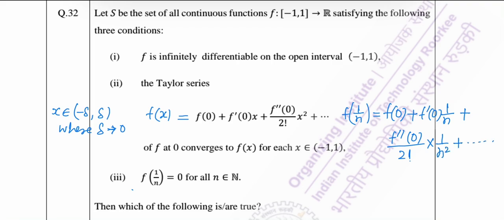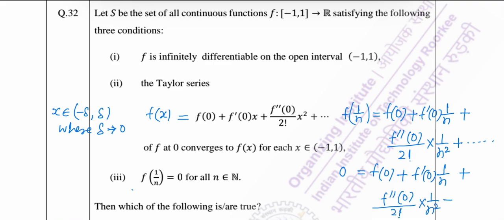Now you see f(1/n) is 0, so I place 0 here, and here will be f(0) plus f'(0) times 1/n plus f''(0)/2! times 1/n squared, and so on.